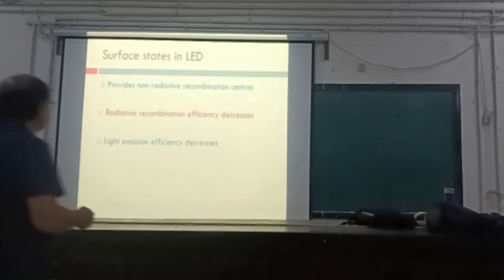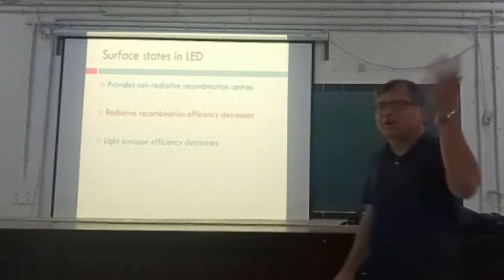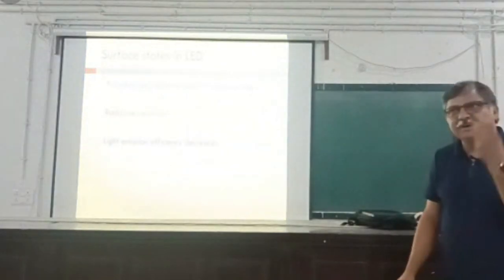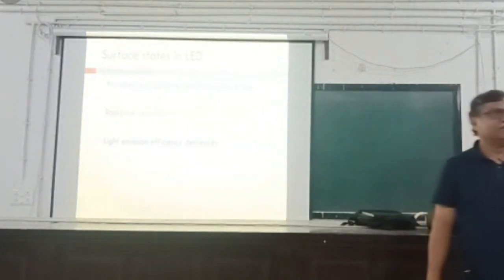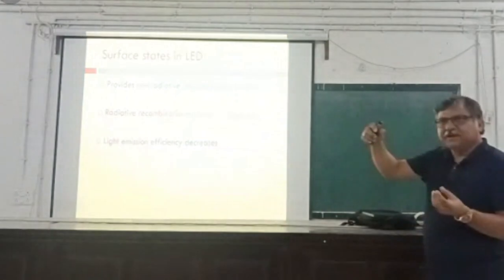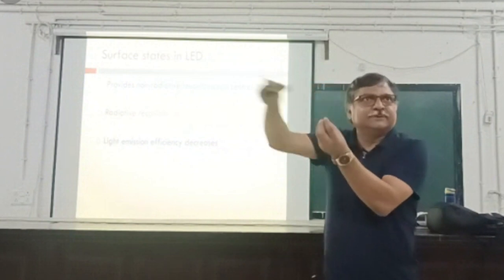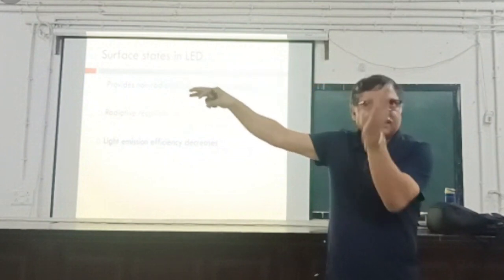Now, light emitting diodes, which nowadays we see as domestic lighting devices also, the surface states play as non-radiative recombination centers. So what do you mean by a radiative recombination center? One electron recombines with a hole and gives you a photon of suitable energy. That is radiative recombination.